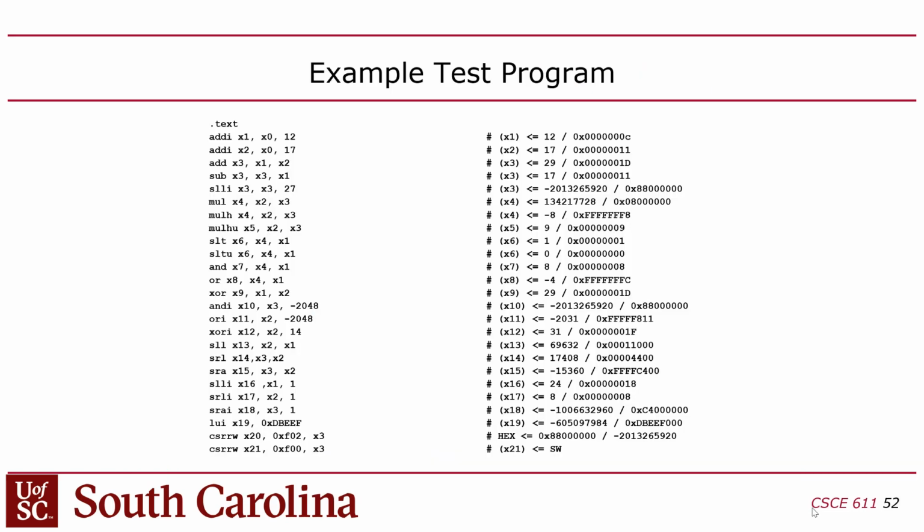Okay, and then this is a test program that we provide to make it easier for you to test your CPU. You can copy and paste this into RARS, generate the corresponding machine code, run it through your CPU, and this will execute one example of every instruction. In the comments, we show you what to expect to be written in the register file for each instruction.